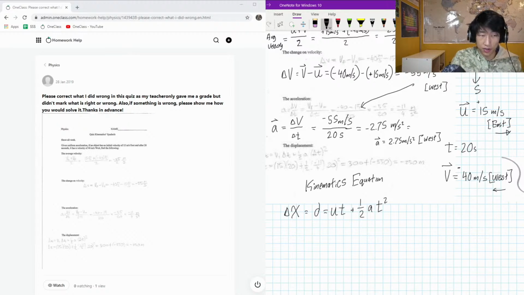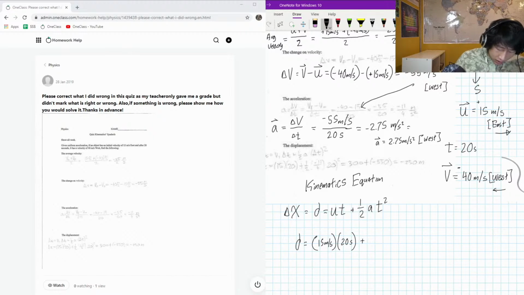Okay, so to solve for d, well, d is already isolated, so we just have to sub in our numbers, and then we can be very happy that we found the displacement. So d is going to be equal to, our u value is positive 15. We're going to still follow our east-west convention, east positive, west negative. So our u is positive 15 meters per second, multiplied by our time, that's 20 seconds, plus 1/2 multiplied by our acceleration.